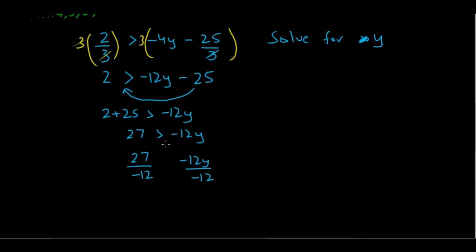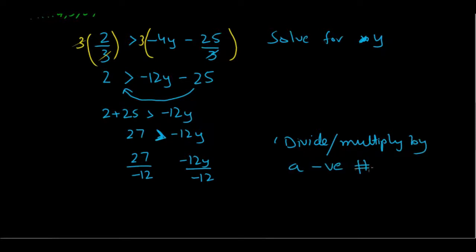But now I have to be careful. With inequalities, what happens is that when you divide or multiply by a negative number, you have to be very careful because the inequality flips. So here I have the sign opening like this.